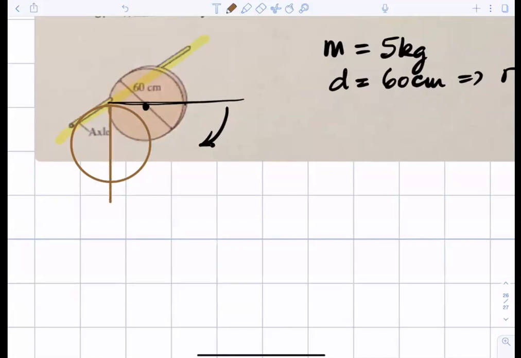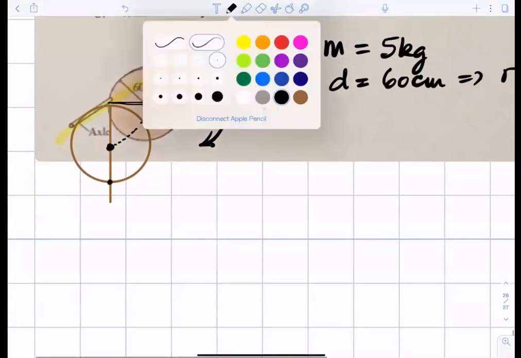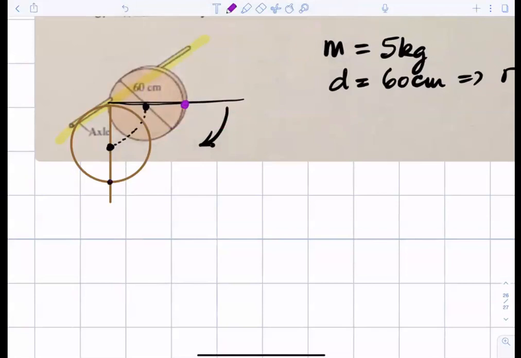So the center moves to the center right there, and the edge moves to the edge. Let's put it with a different color so we can see it better, what we're looking at, right? Position number 1 and position number 2.